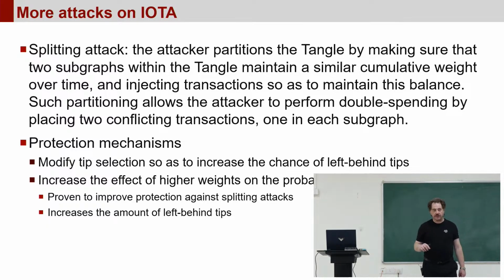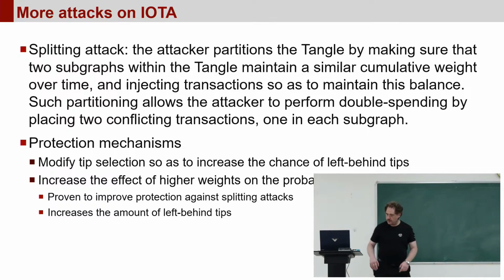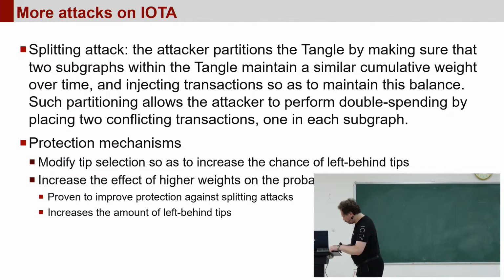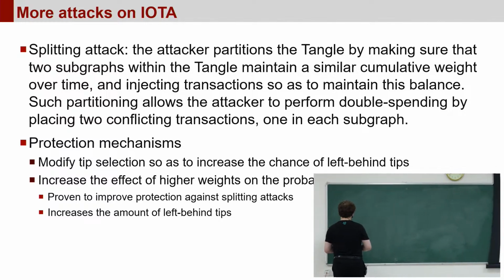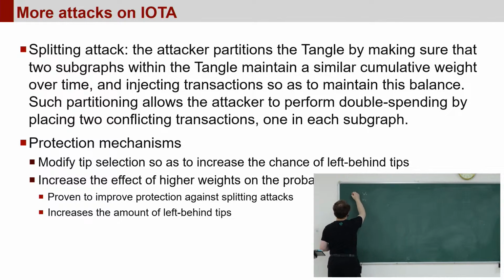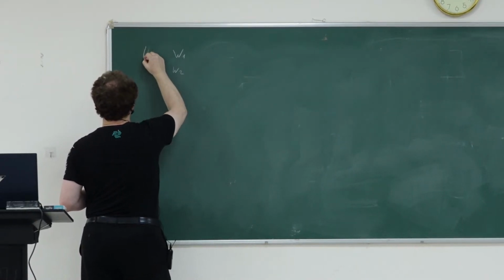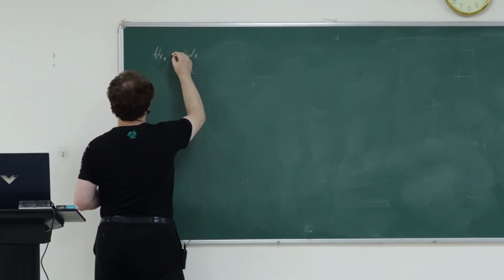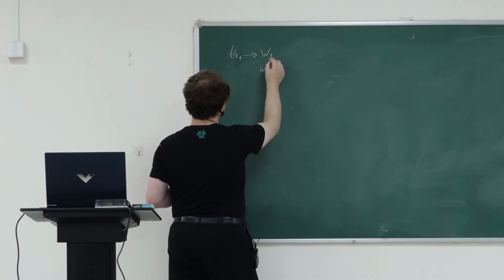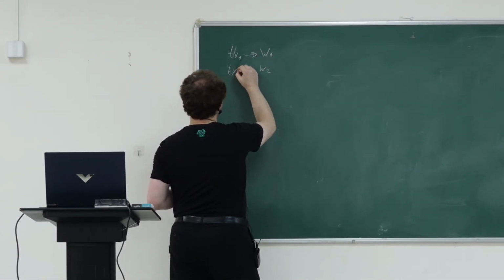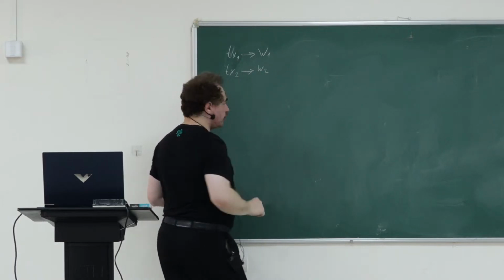So the basic idea of the random walk is this. Suppose we need to take a decision. Suppose we have weight 1 and weight 2. So let's say transaction TX1 has weight W1, and TX2 has weight W2.